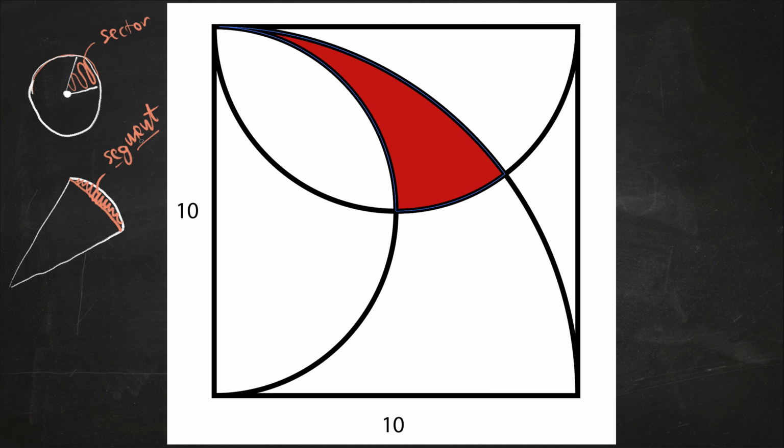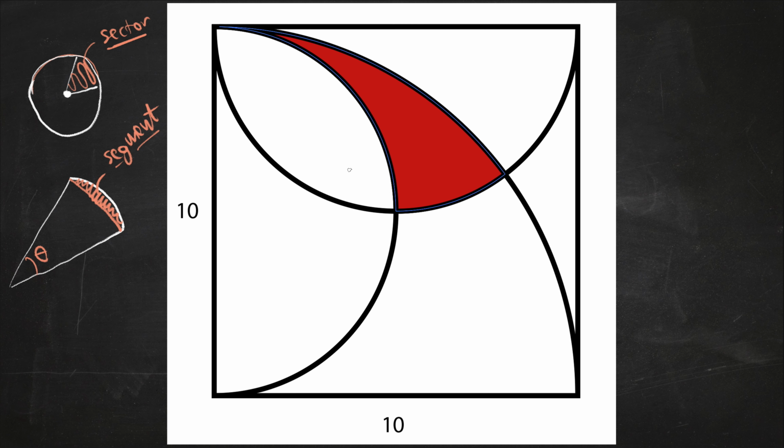I don't think they do segments in GCSE, but they definitely do sectors. That has some area related to the angle here, which I'll go over at some point as well. So we have sectors and segments, which you can clearly see here. The semicircle is itself a sector, and the intersections of points are going to be considered segments.